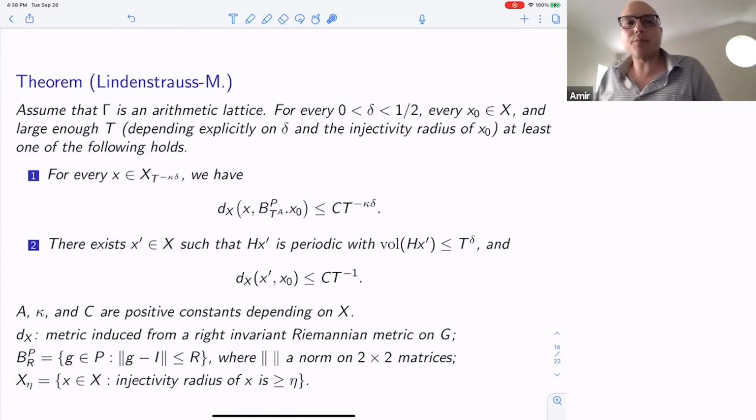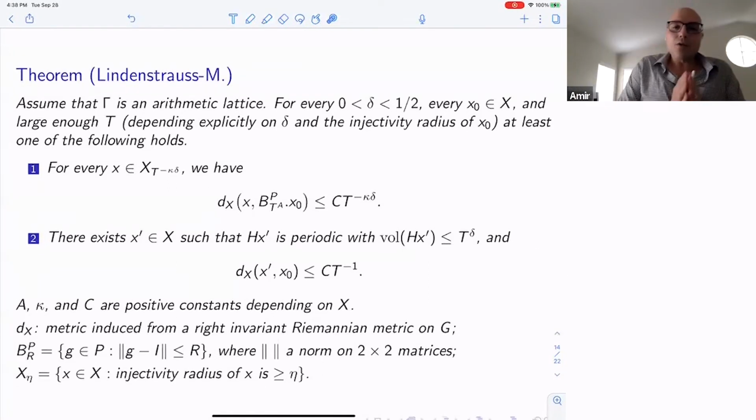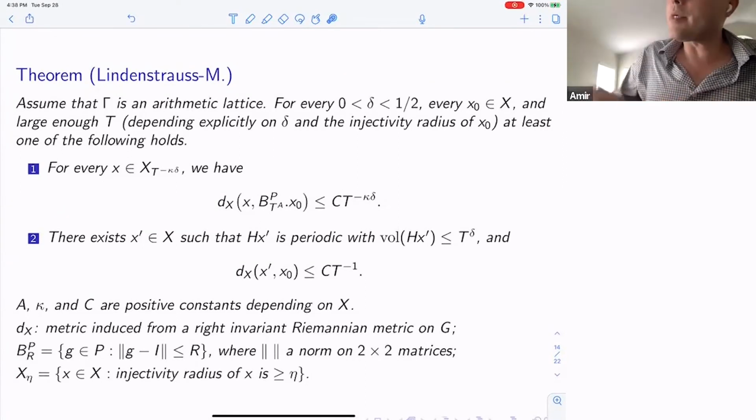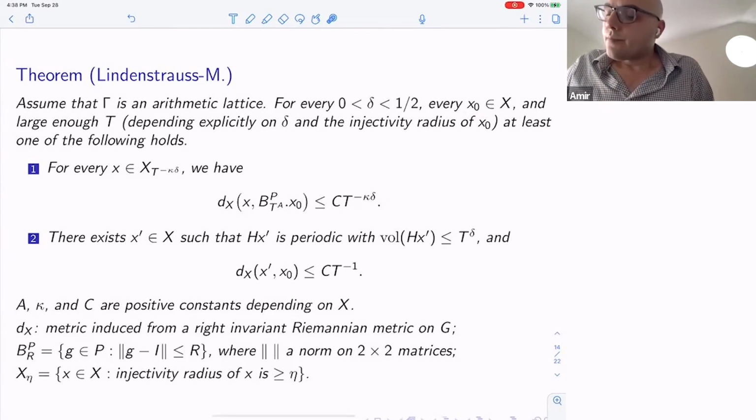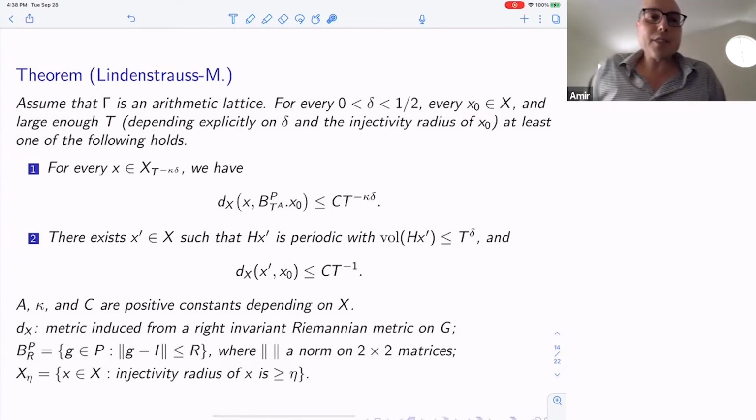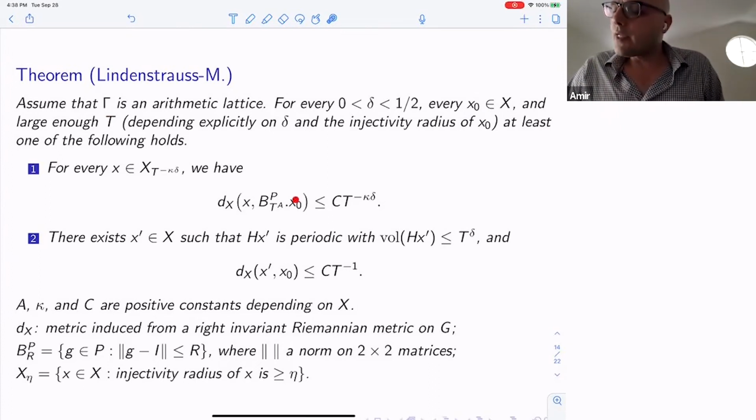So now the statement, maybe I should read it once. I assume gamma to be an arithmetic lattice, and I give myself a parameter which is trying to control the complexity of the obstructions, and a point. Then, so long as the parameter t is large enough, the orbit of this point becomes dense in the space. If X is compact, you can ignore this index.